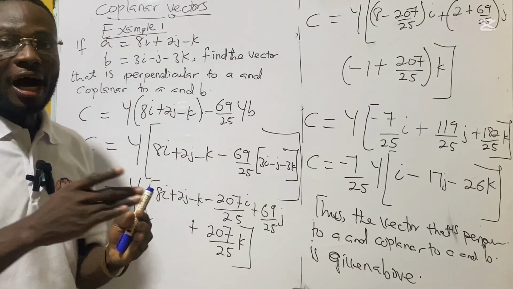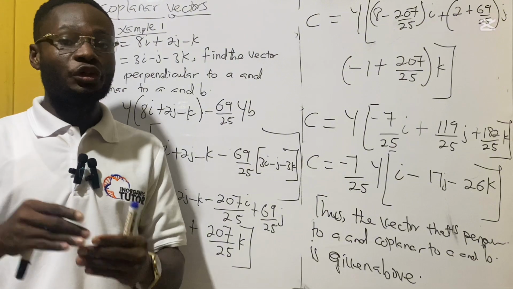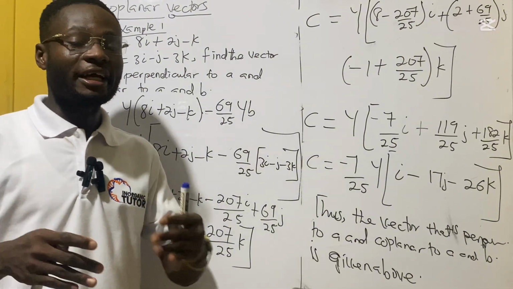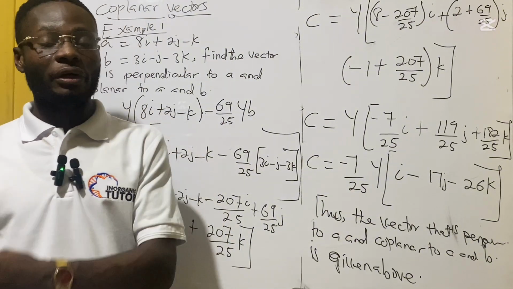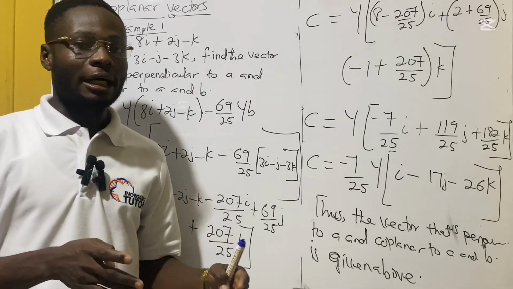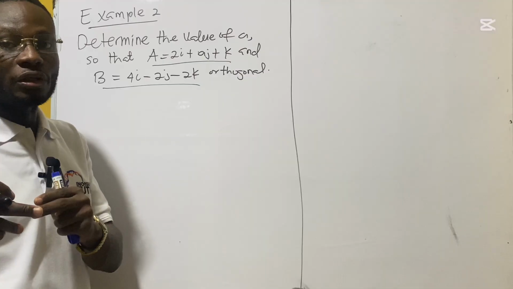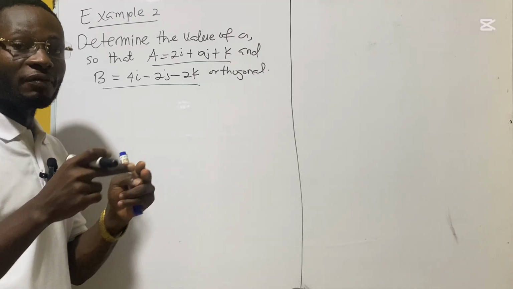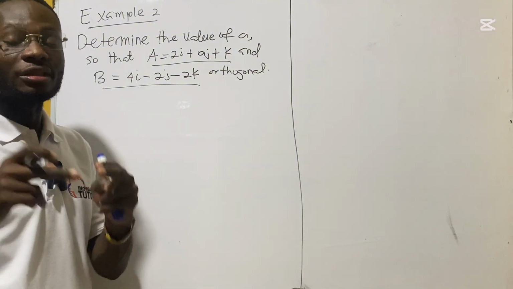So once you have these two equations, you can do your substitution, then you find the other vector that is perpendicular to A and coplanar to A and B. The product of the vectors produces 0.